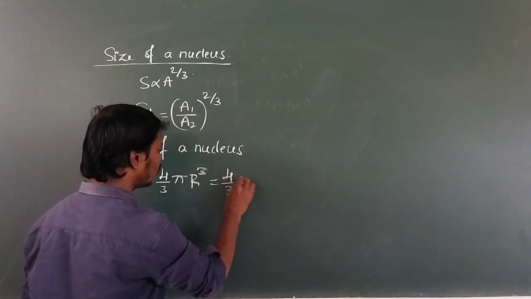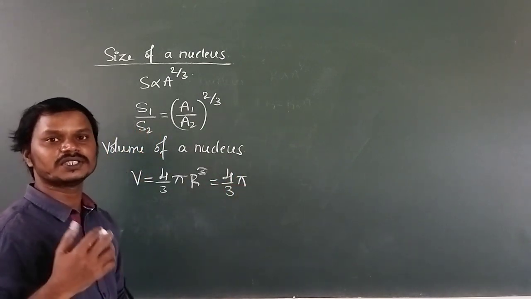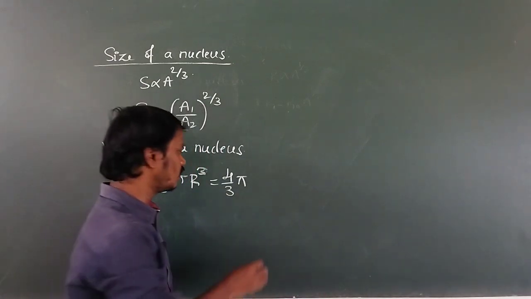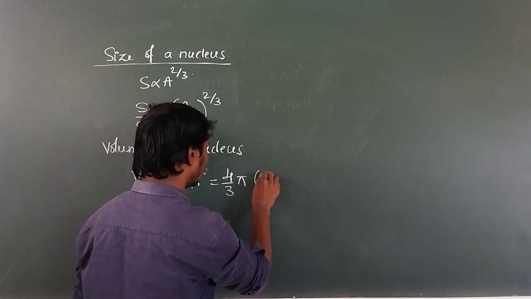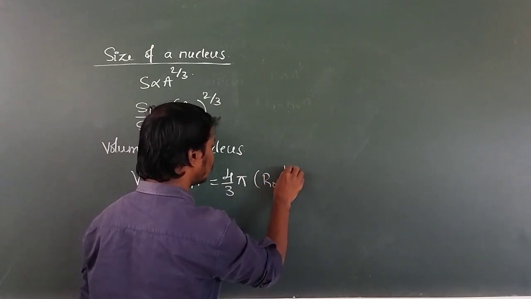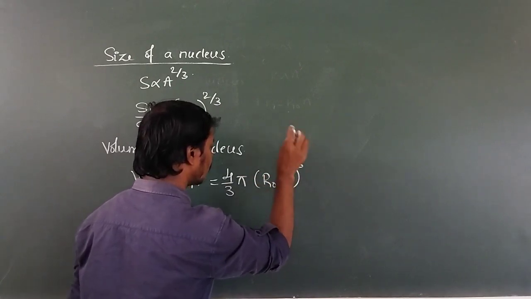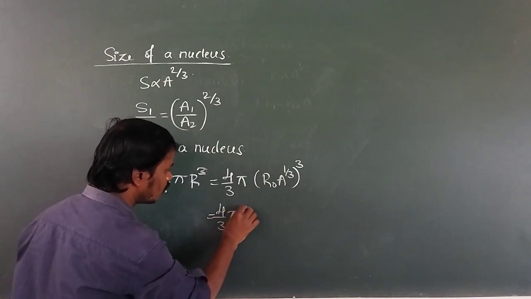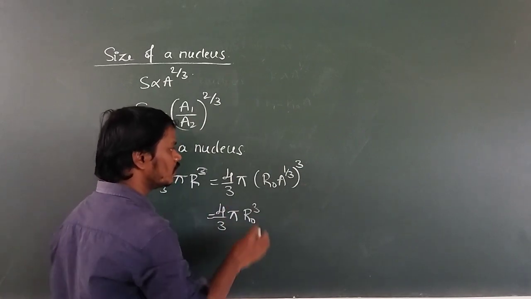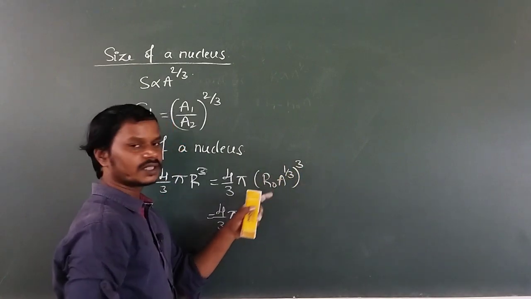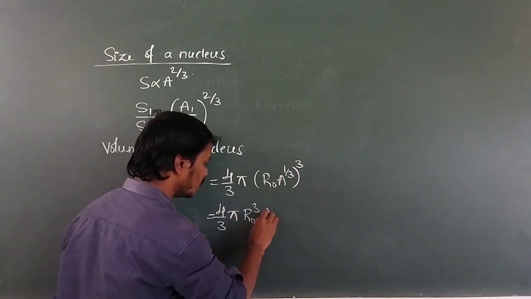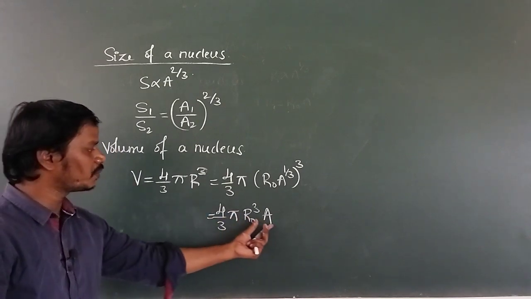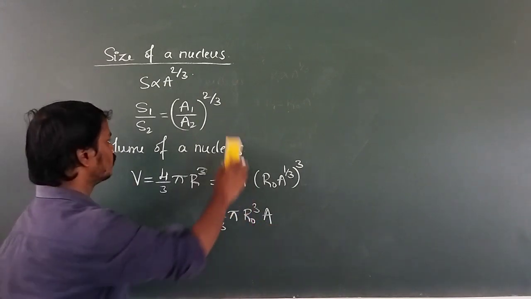4 by 3 pi, already we know that. What is the expression for radius of a nucleus? That is R0 into A raised to 1 by 3. Now we can write 4 by 3 pi R0 cube into, so the cube root gets cancelled, hence it is A. Now volume of a nucleus is directly proportional to mass number.